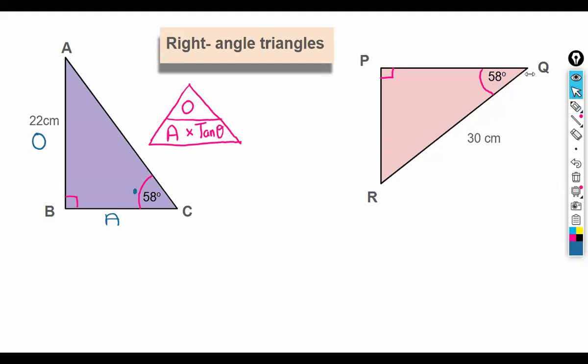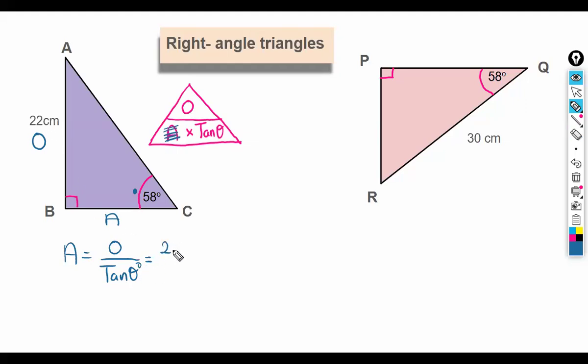So I would use tan to find the adjacent side. If you want to find the adjacent side, remember, we block the A, and you're left with opposite divided by tan theta, where theta is the angle you're standing in.